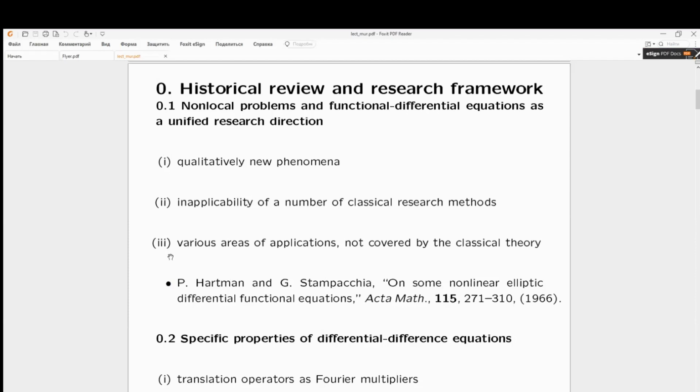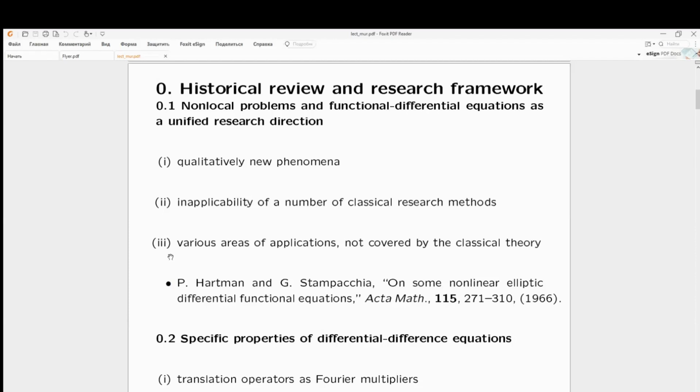Functional differential operators have been investigated for a very long time. Examples of their investigations can be found even in works of Euler.